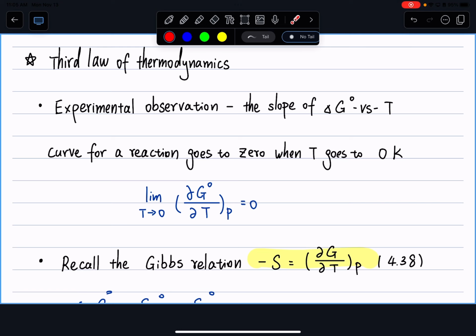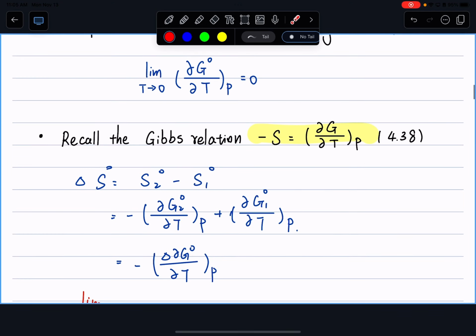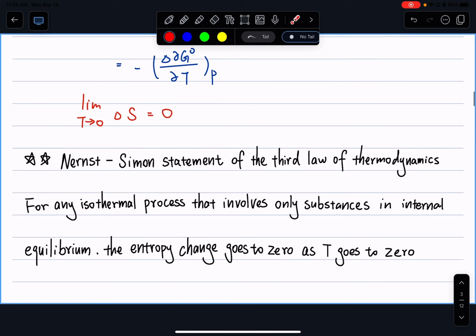Based on that, we use our Gibbs equation: negative S equals the partial derivative of G over T at constant pressure. So if my partial derivative of G over T at constant pressure goes to 0, your delta S goes to 0. Or when we write it in the more general form, we have our third law of thermodynamics.